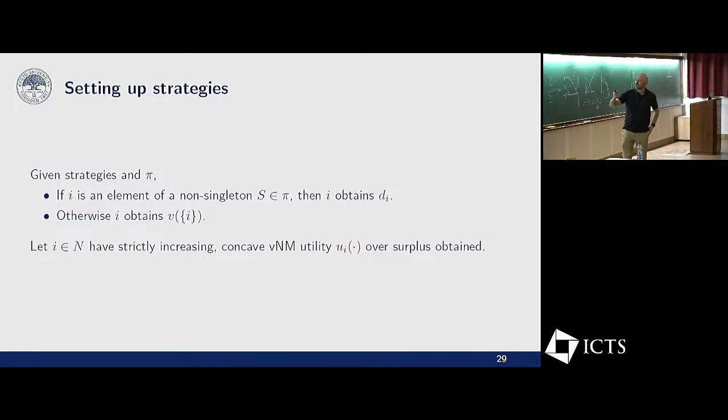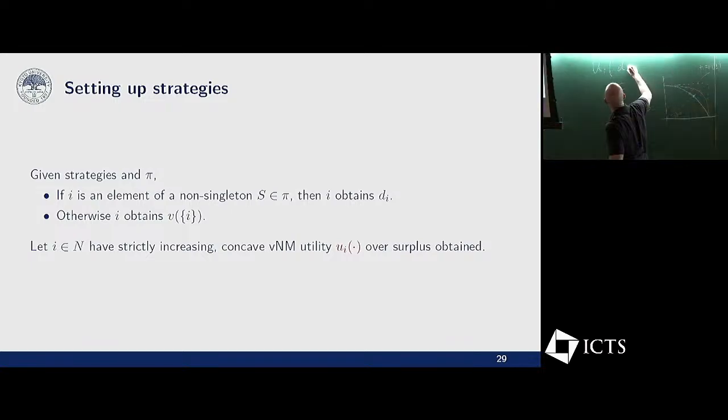We have strictly increasing concave VNM utility U_i over the amount we get. Right, so you'd have a U_i of whatever D_i you're getting, however much surplus you're getting.